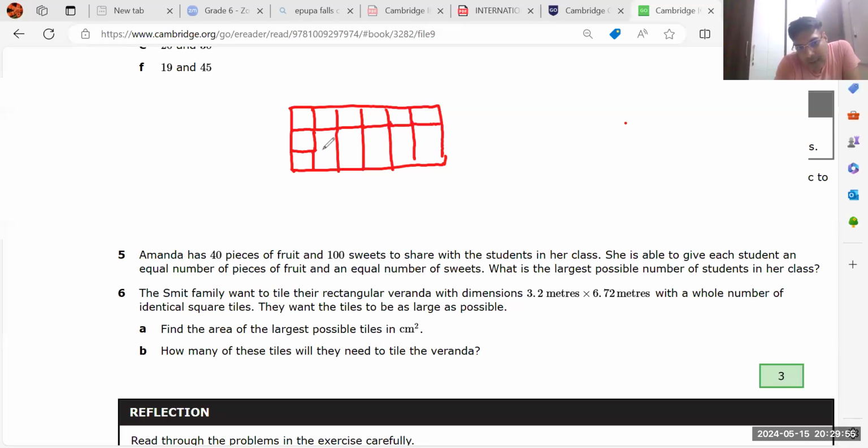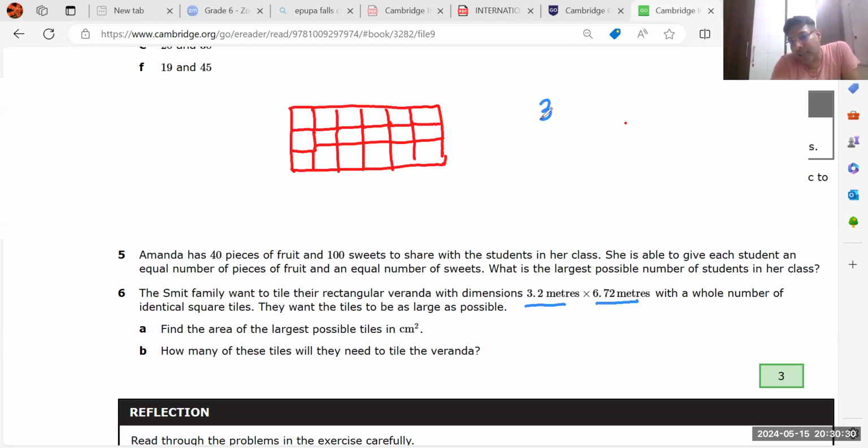But अगर मेरी टाइल की लेंथ ऐसी हो जिसमें कट आ जाए, this portion I would have to cut. So this is not allowed. So you have to use the biggest tile that will cover the length and breadth exactly. So for that, you have to find the HCF of 320 and 672.